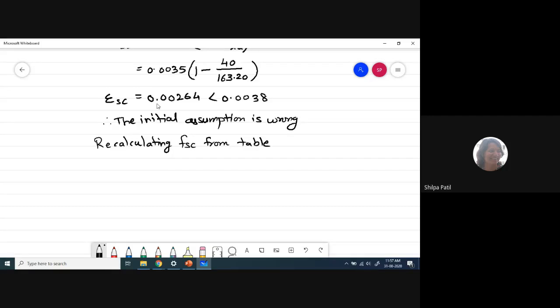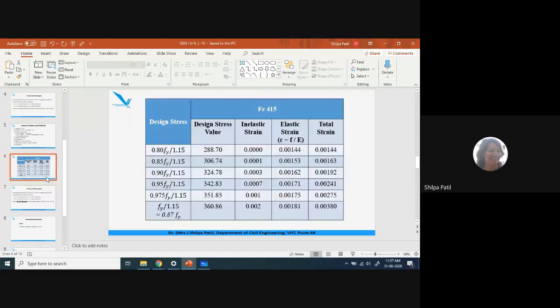So let me go to the table again. In the table, the epsilon SC value is 0.00264. If I refer to this table here, the 0.00264 value will lie between these two values, 0.00241 and 0.00276. Keep the table open in front of you, whatever you have prepared earlier.